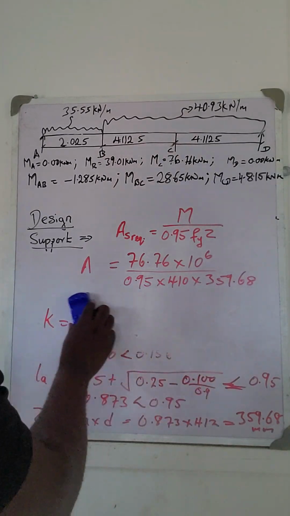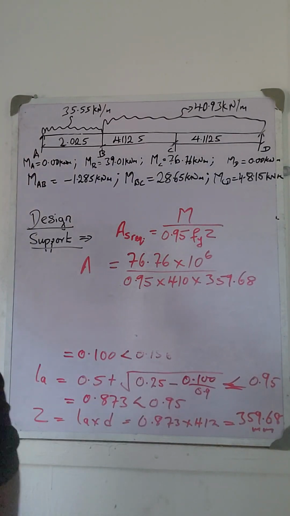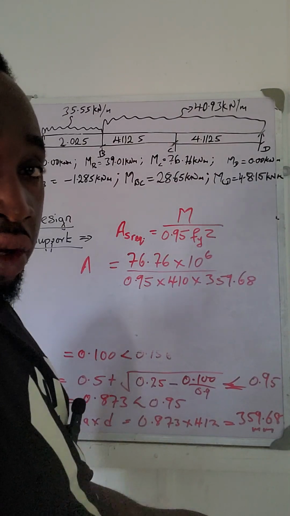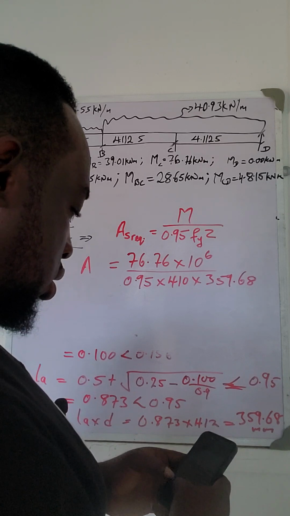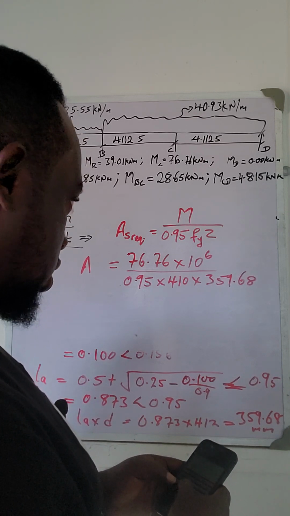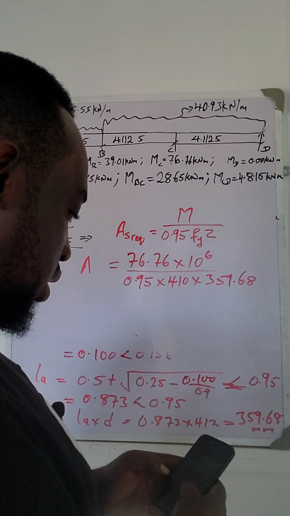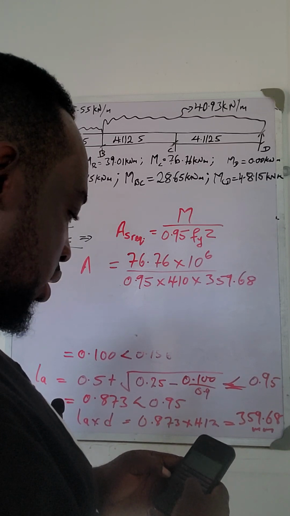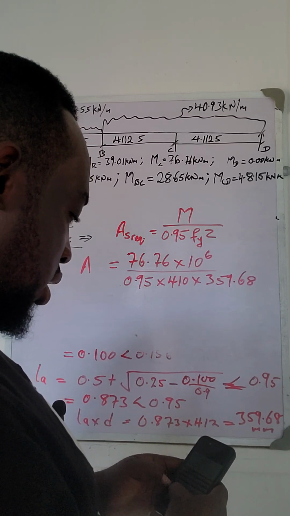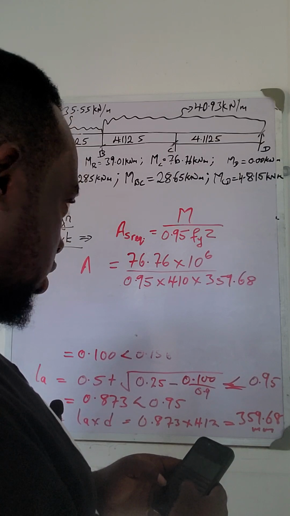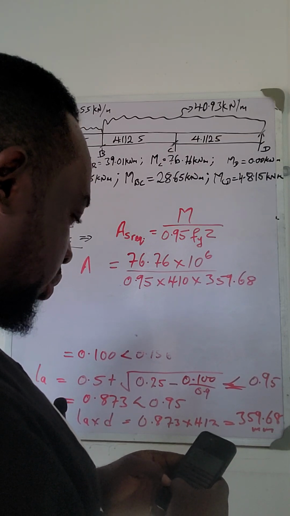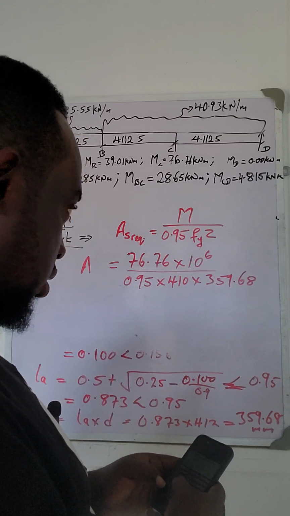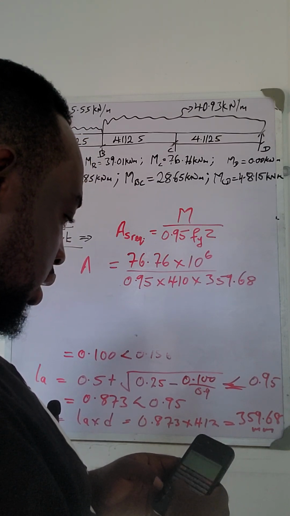Let's be clean. When you compute, you're going to have 0.76 times 10 to the power 6 divided by 0.95 multiplied by 410 multiplied by 359.68.